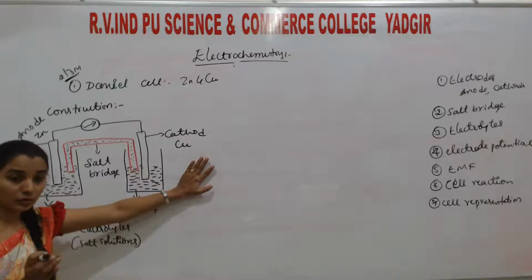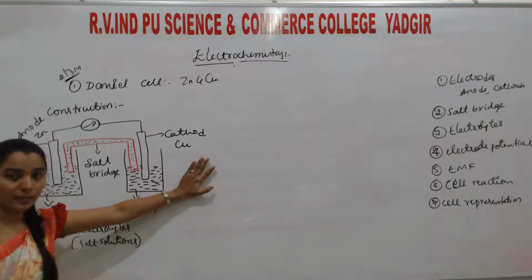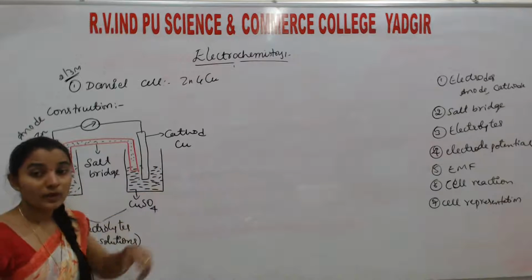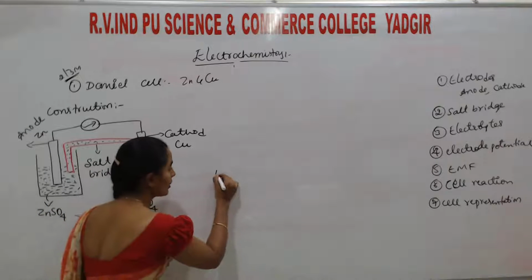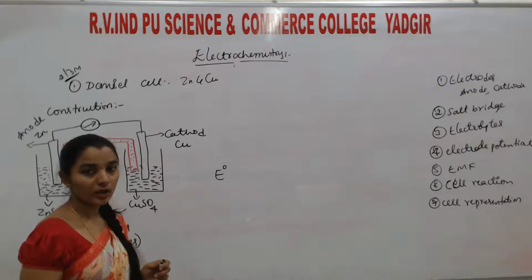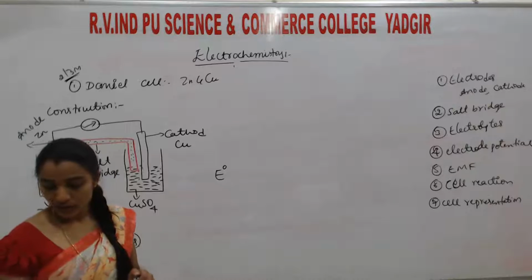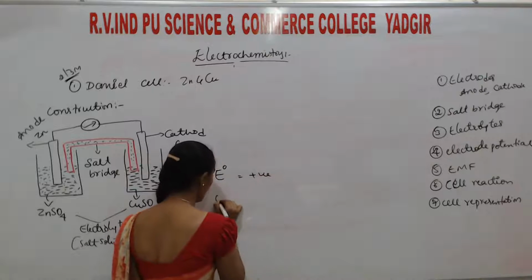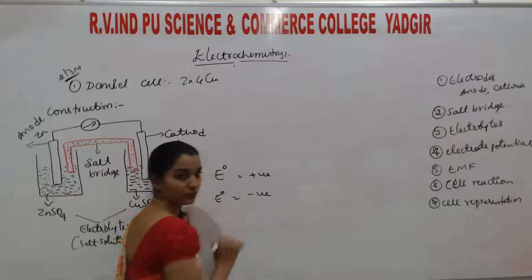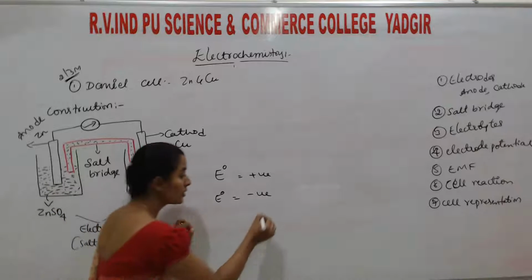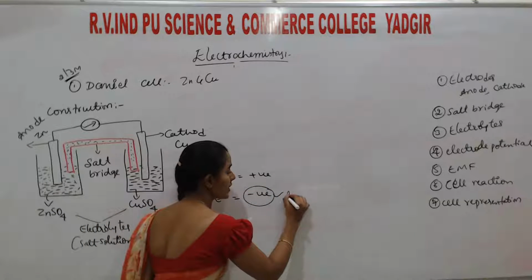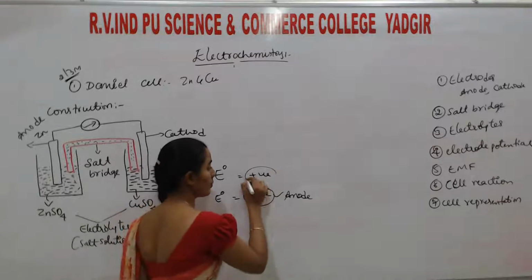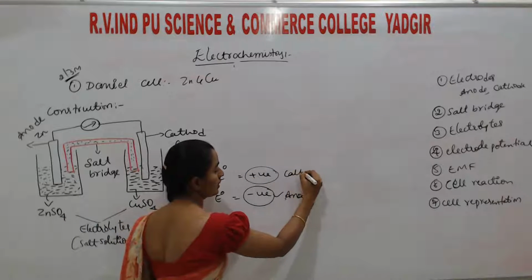In the chapter on electrochemical series, I will explain later. Based on the standard electrode potential E naught, if the value is negative, the more negative one acts as anode. If the electrode potential is positive, then it acts as cathode.